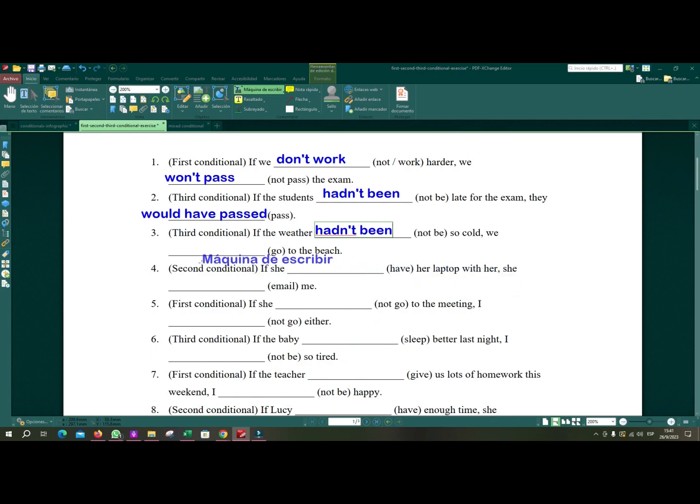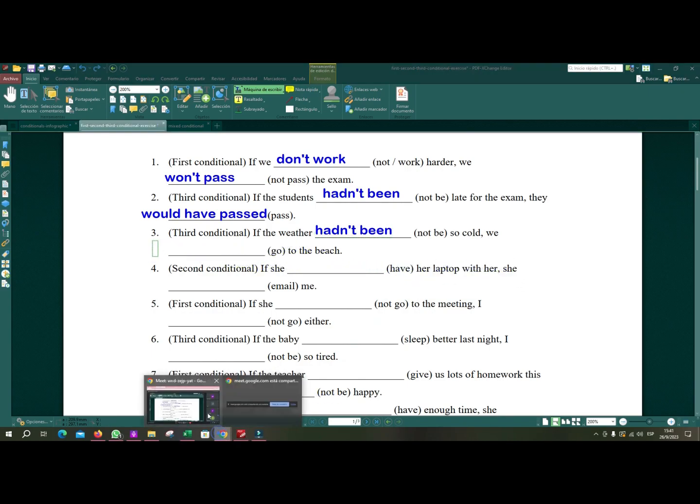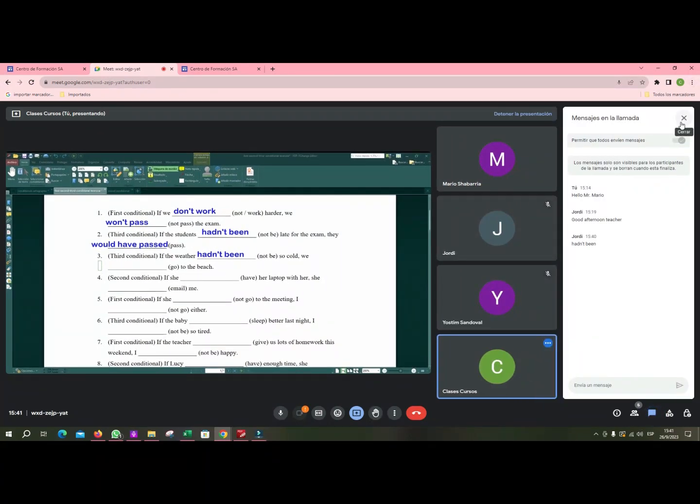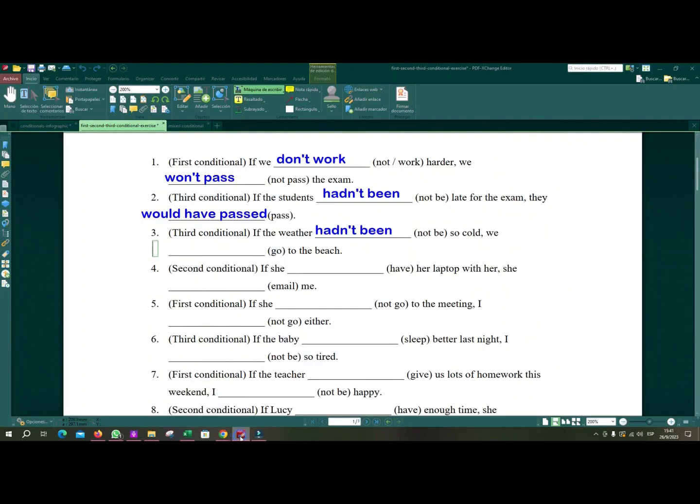So cold. We, and the other one? Yes. Would have gone. Excellent. That's correct. So, would have gone. So, if the weather hadn't been so cold, we would have gone to the beach. Okay, perfect. That is great.